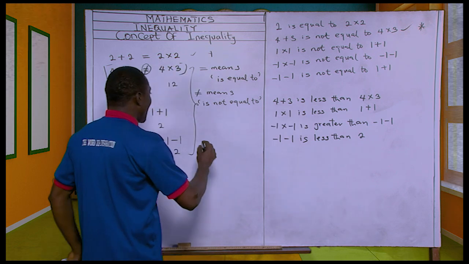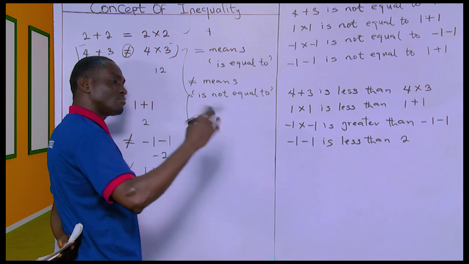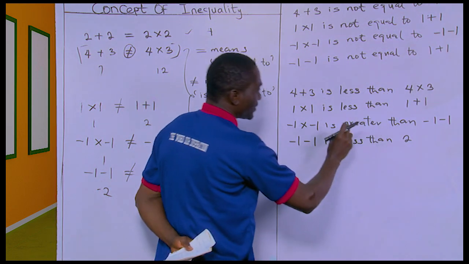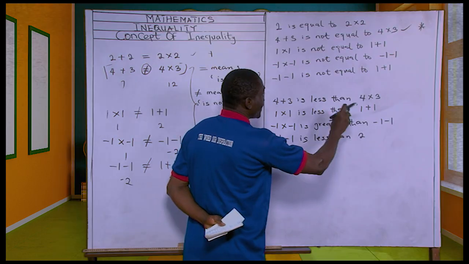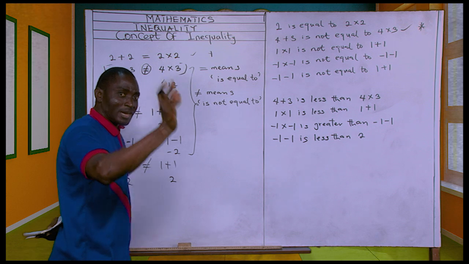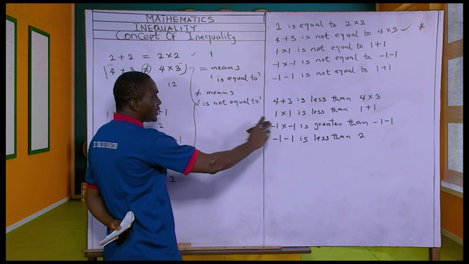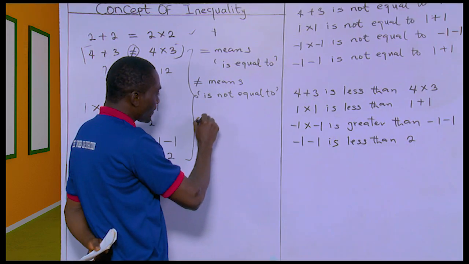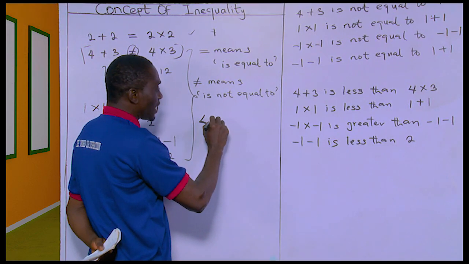That is where they found a way to symbolize less than, greater than, equal to, not equal to, and so on. So now, to write this one, I will have less than. This sign is referred to as less than.